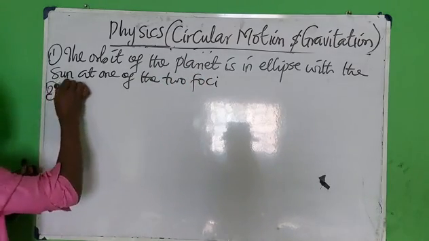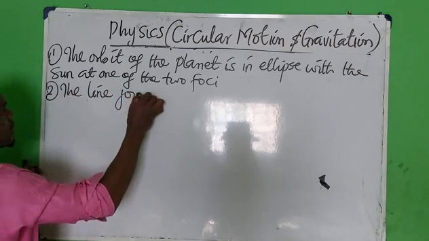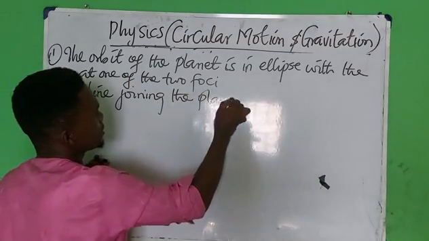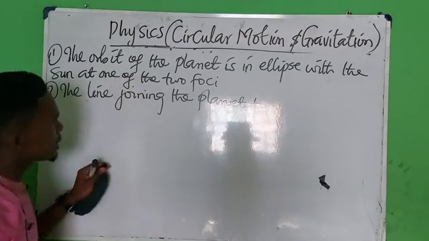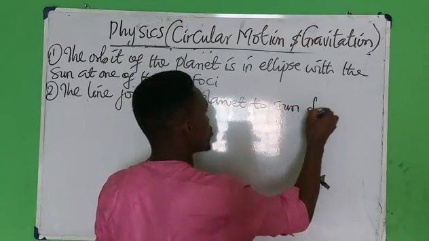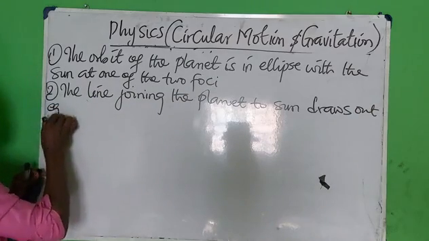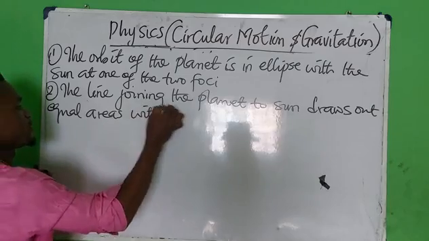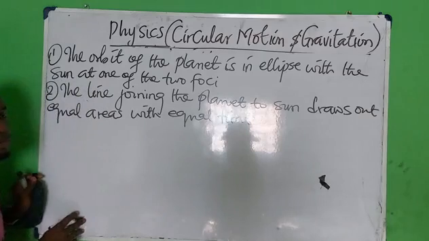2, he also said that the line joining the planet to the sun sweeps out equal areas in equal time. That is law 2.